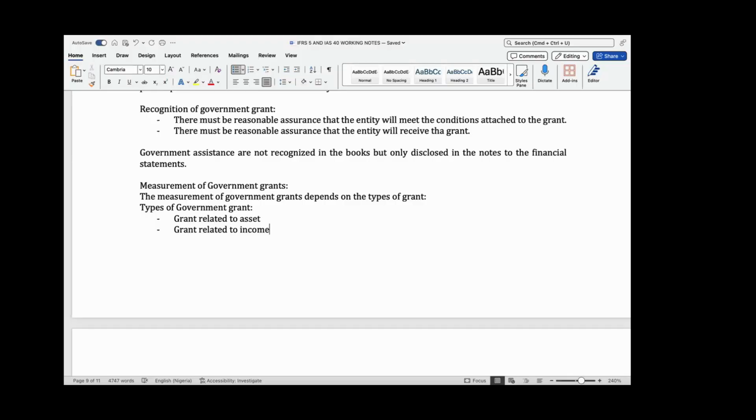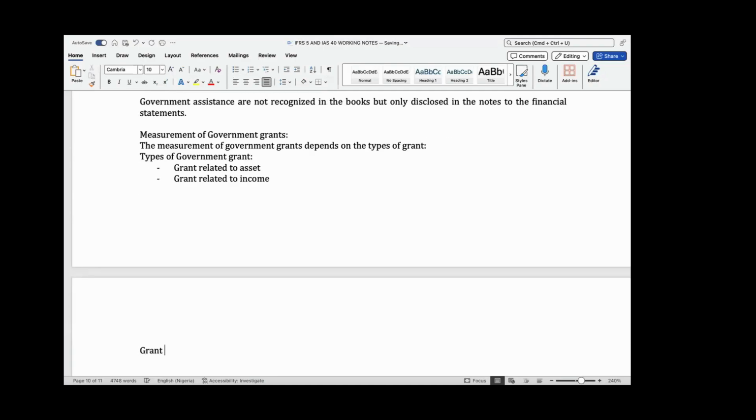So let's take it one by one, which is the grants related to assets. Grants related to assets.